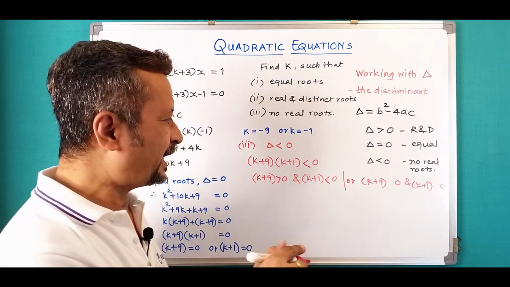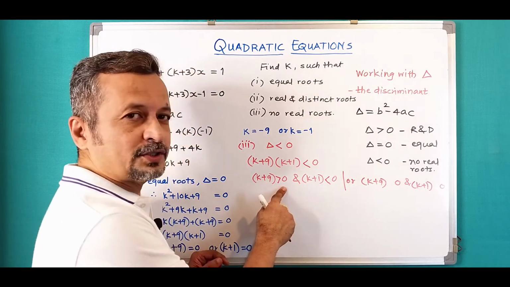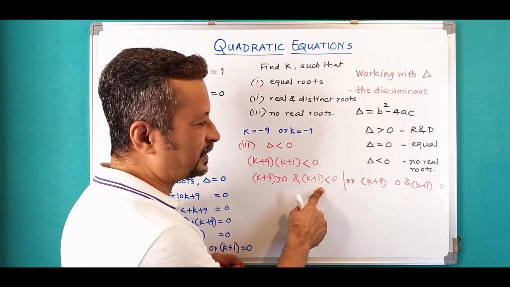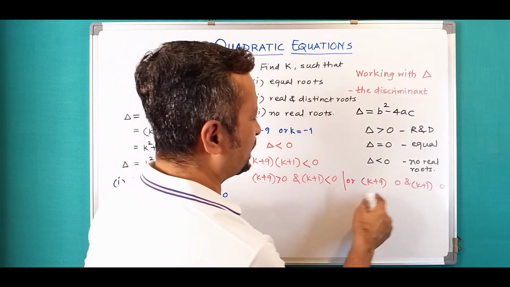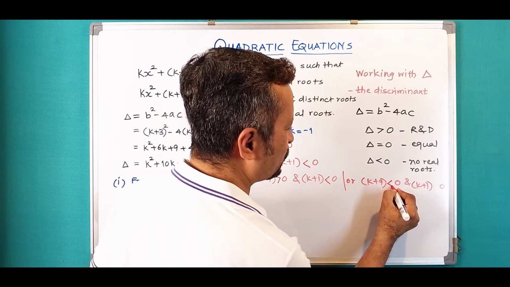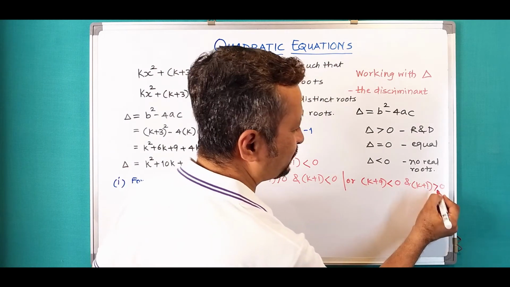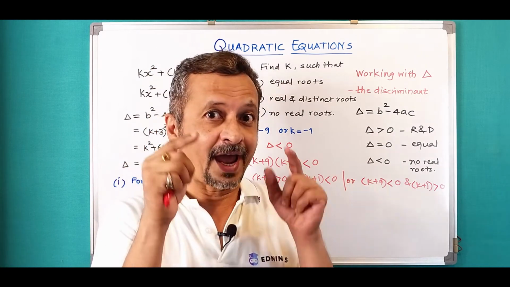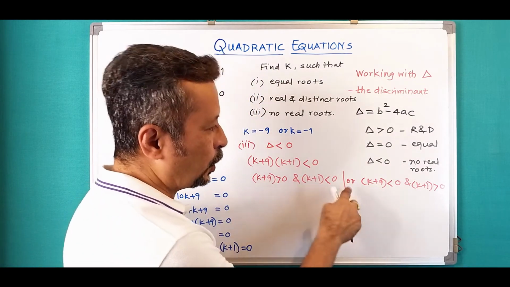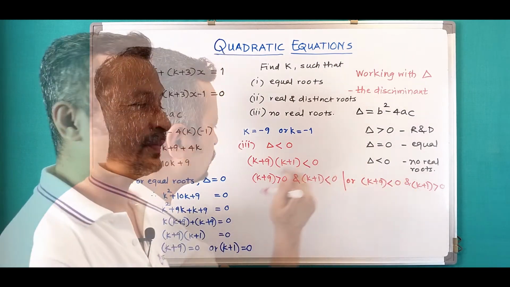Now just note that one of them is positive and one of them is negative, correct? And now again, or if this is less than 0 and this is greater than 0, so one of them is positive and the other one is negative, and here it is this and this.